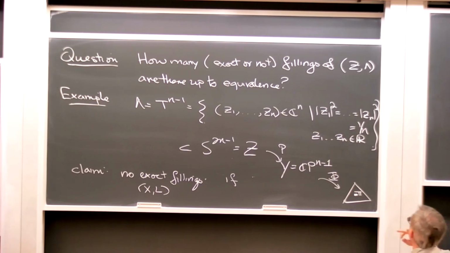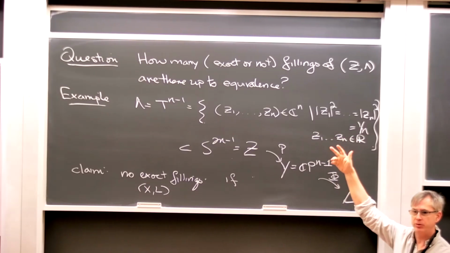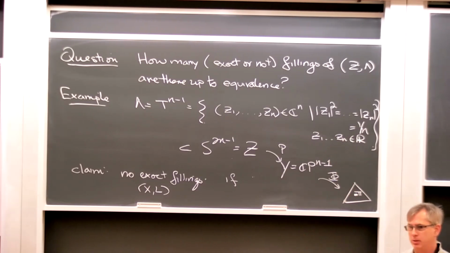And because you can multiply all these complex numbers by an nth root of unity and still satisfy the equation, it's n to 1 over this, which is called the Clifford torus.